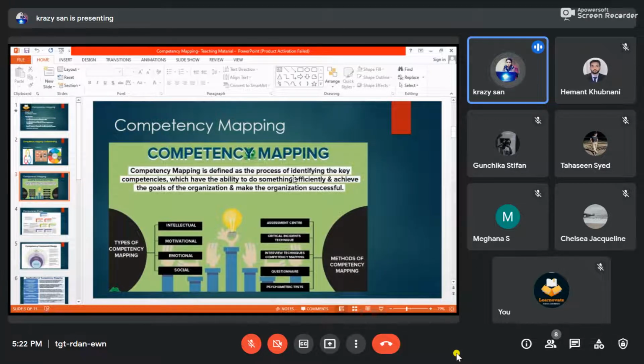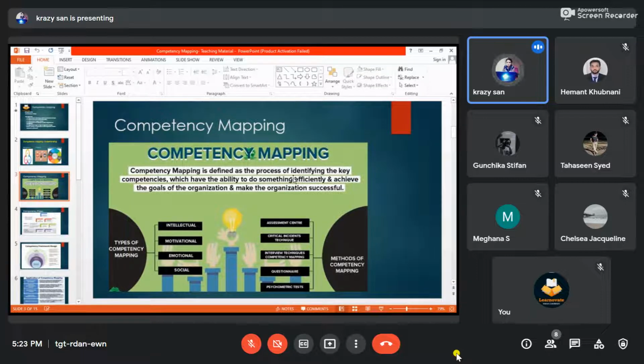So over here it is saying that competency mapping is defined as the process of identifying the key competencies in your human resources, which have the ability to do something efficiently, helping in achieving the goals of the organization and making the organization successful.